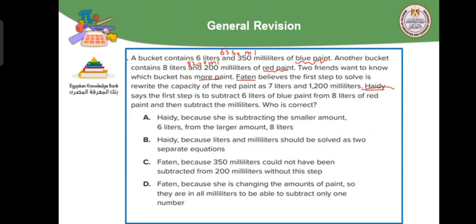Then subtract the milliliters. But Fatin said to rewrite the capacity of red paint as 7 liters and 1,200. Which one is correct? Number A is correct because Heidi is subtracting the smaller amount, 6 liters, from the larger amount, 8 liters. Okay.